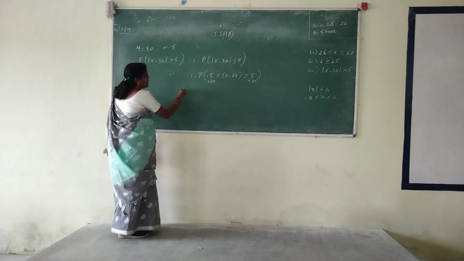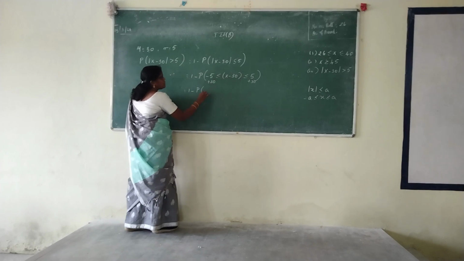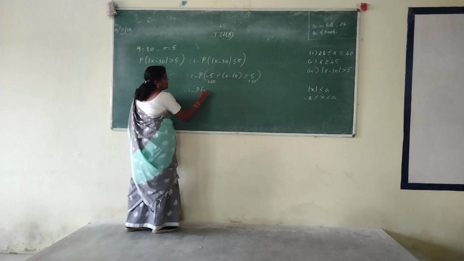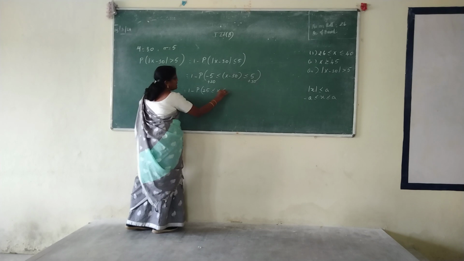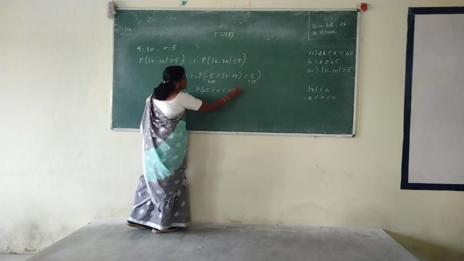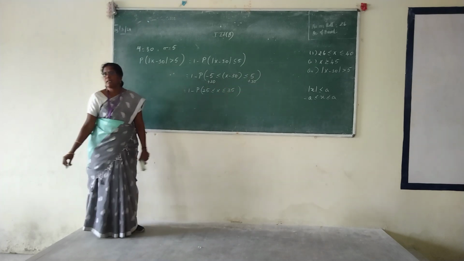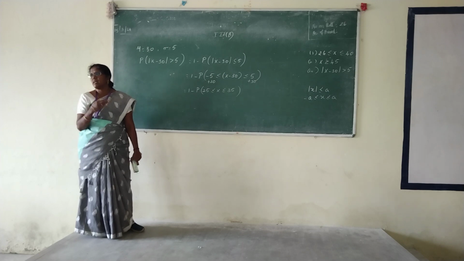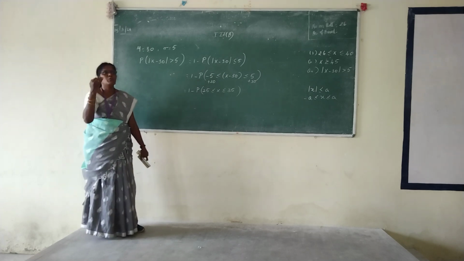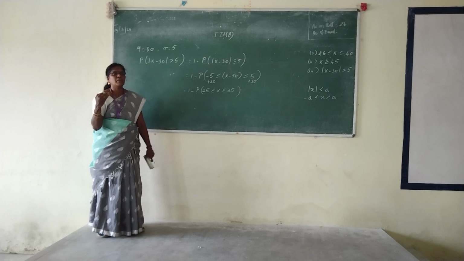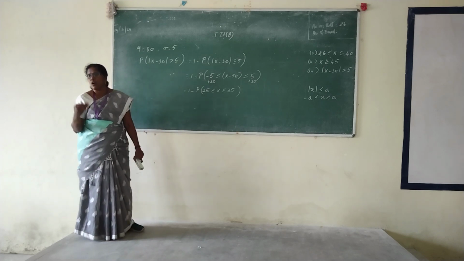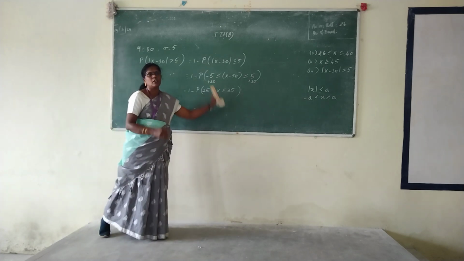So we get 1 minus probability of 25 less than or equal to x less than or equal to 35. Can you understand? First greater than is converted to less than, then you remove the modulus symbol. All the variables are defined only with respect to the origin, so we are removing our 30 also.